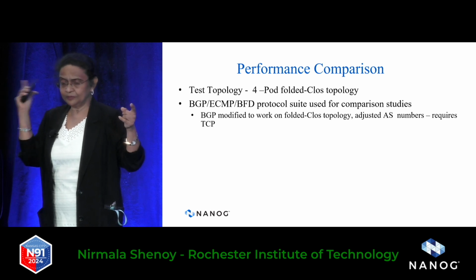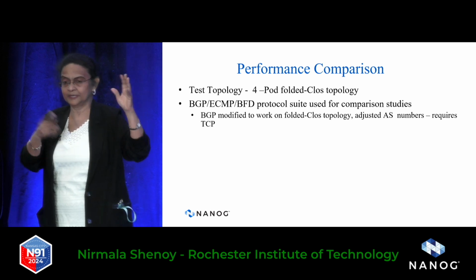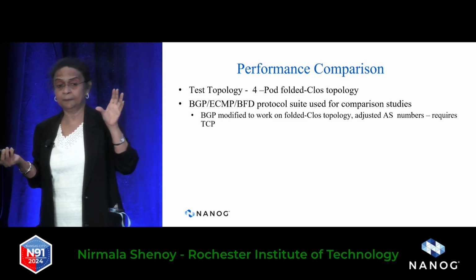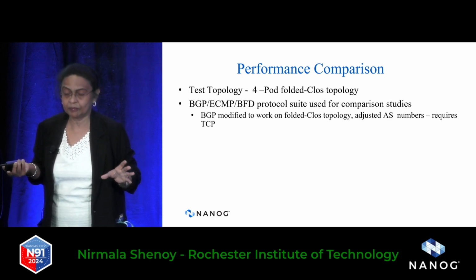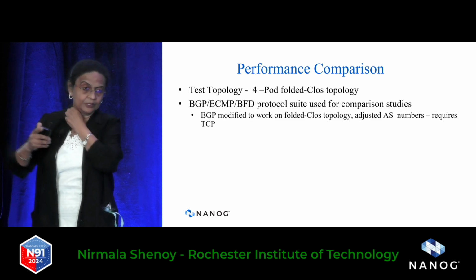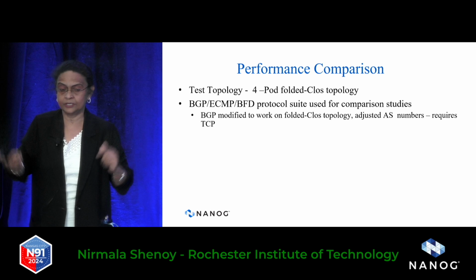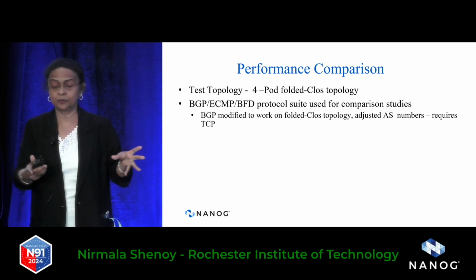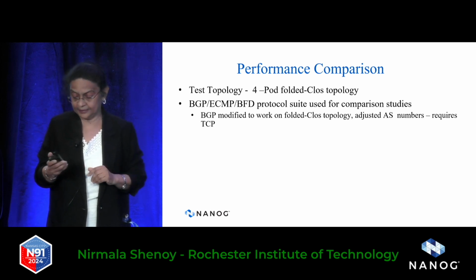At that time, when we were originally testing it on the Genie testbed, that's an older testbed, it's deactivated now, we could not get the BGP DCN version from FRR routing to work. And hence, we had to go for the old eBGP, modify the AS numbers, and deploy it on these. The later BGP for DCN is much more optimized, and I have some results on that also if somebody is interested.